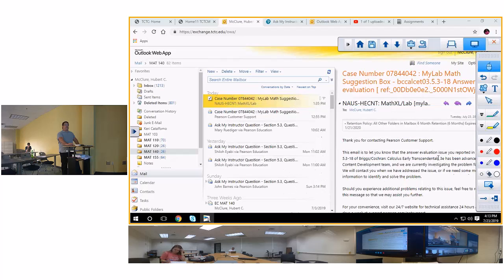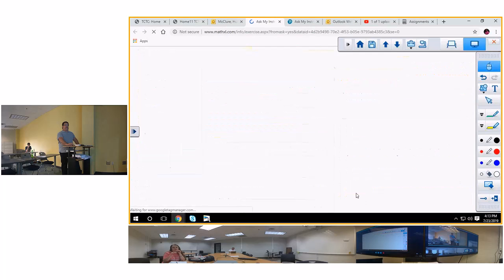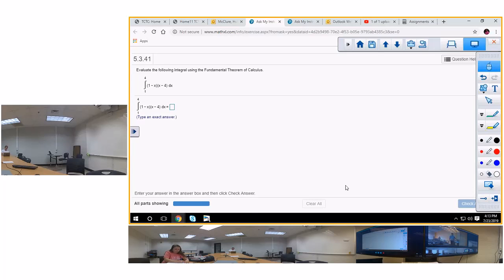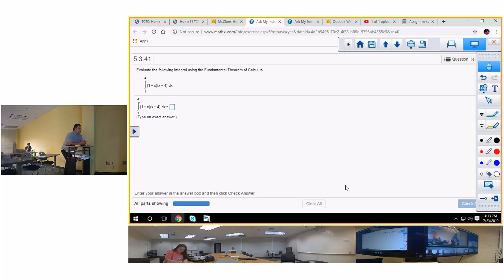Two reasons. It's a definite integral, and why would I pick this one? Somebody want to take a stab at why I would pick it besides it's a definite integral? I love the interaction in this class. I just love it.